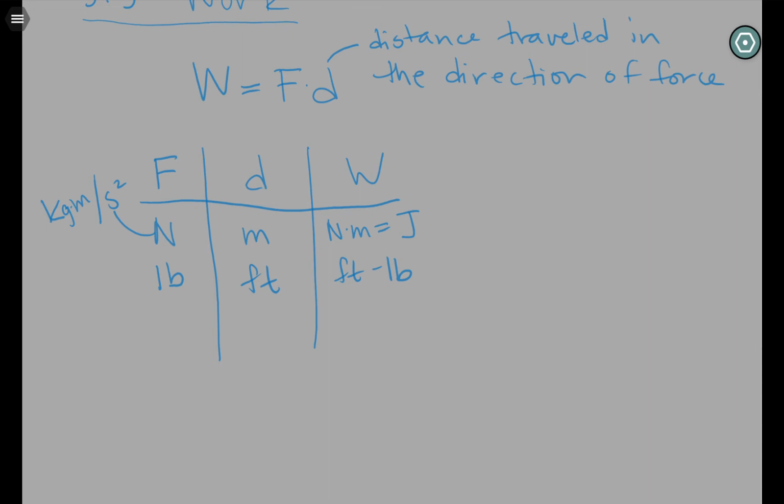So in a lot, not all, but a lot of our problems, the force is going to be the weight of an object. So you will see a little bit of variety there, but expect to do a whole lot of force is weight, and then distance is lifting something up. So notice that when we use pounds, that's already a weight and we're set.